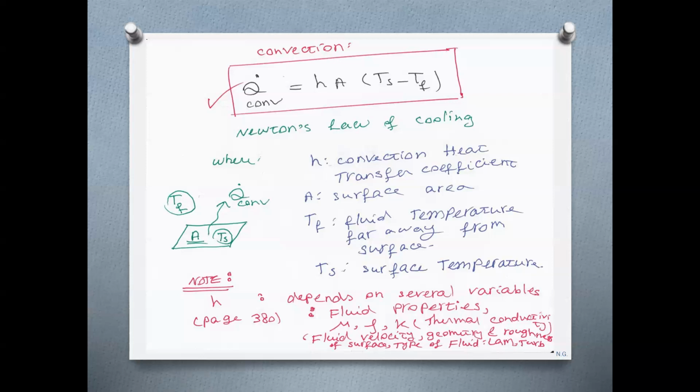There are many factors affecting value of h. And one of them, in fact, is fluid itself, and some fluid properties like density of the fluid, viscosity of the fluid, right? But there are other factors like velocity of the fluid that can affect value of h. Sometimes, we increase the velocity of the fluid by using a fan in order to increase rate of heat transfer by convection.